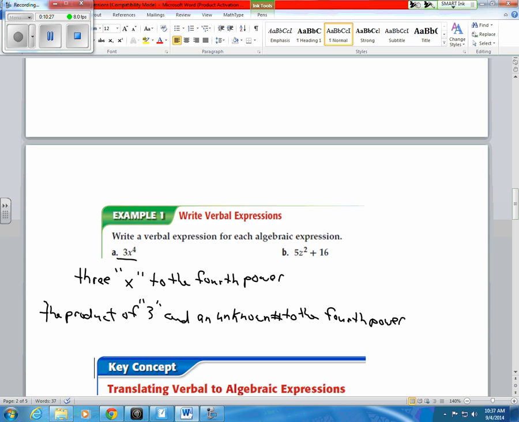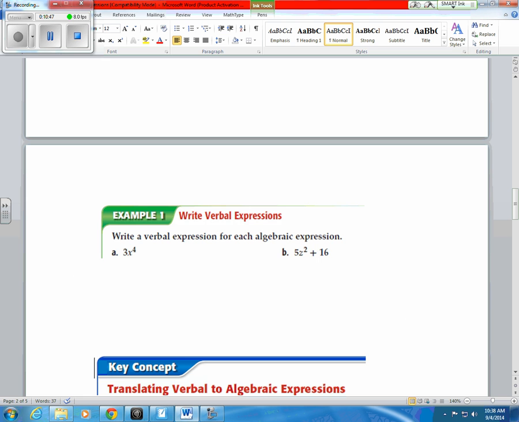Again, there are a lot of different ways you could write this as long as we make sure we're communicating it. So if we take a look at this next one, I want you to think of one way you might be able to communicate this next algebraic expression to someone. Again, there are multiple correct answers, and sometimes we are more detailed than others.